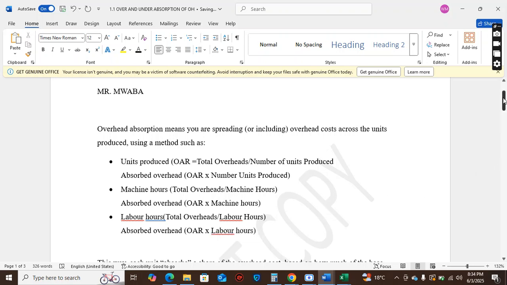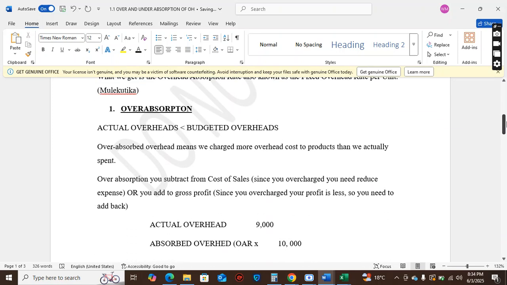So here I should have put absorbed, but even budgeted, because when you absorb, that's what you expect. So that can also be your budgeted. But when your absorbed overheads are greater than your actual overheads, then you have overabsorbed. So here I'll say times absorption base.